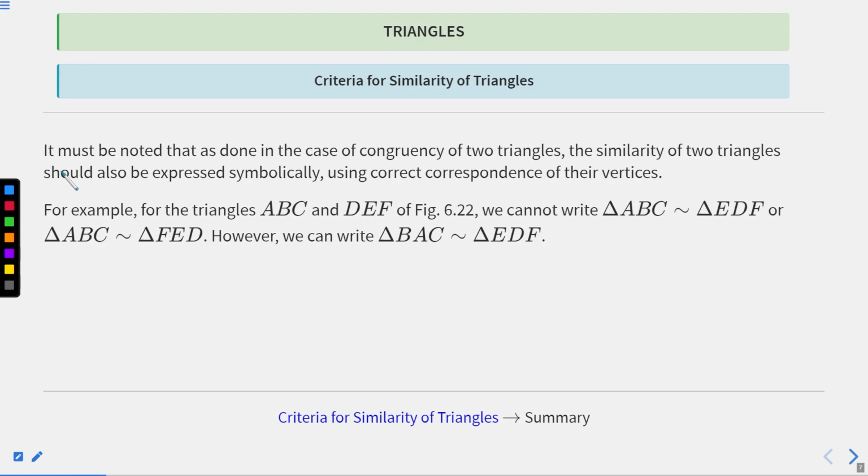It must be noted that, as done in the case of congruency of two triangles, the similarity of two triangles should also be expressed symbolically using correct correspondence of their vertices.